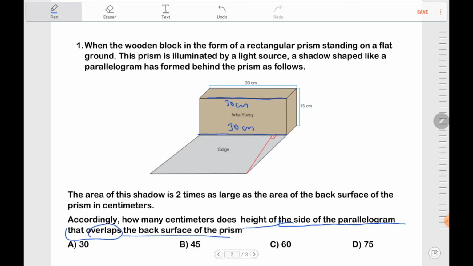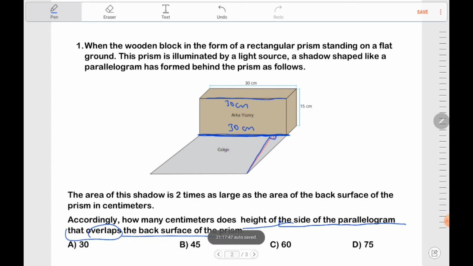The side that overlaps the back surface is this side. So, the height of this side is this line segment, because this line segment is perpendicular to this side.